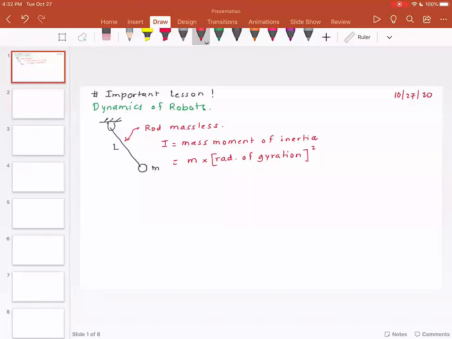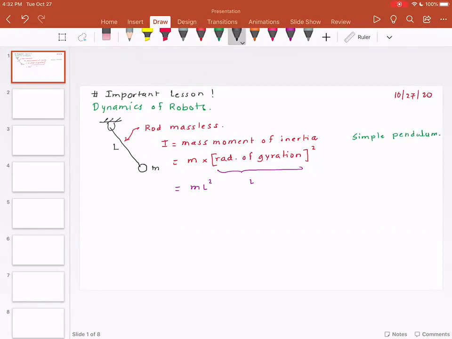The radius of gyration for this particular problem is L, so the value of I is going to be mL square. But this is a very simple approximation. In actual practice, you will never have a rod that is massless. So this is called a simple pendulum.